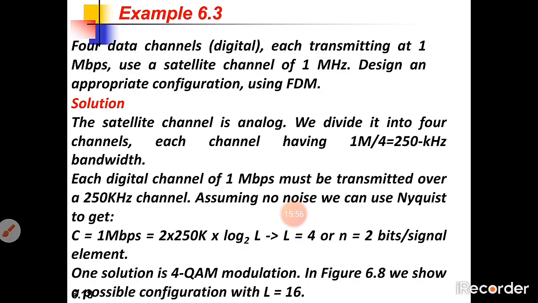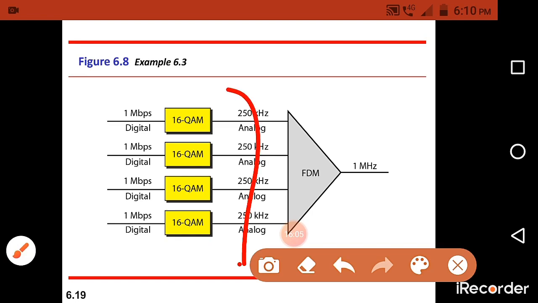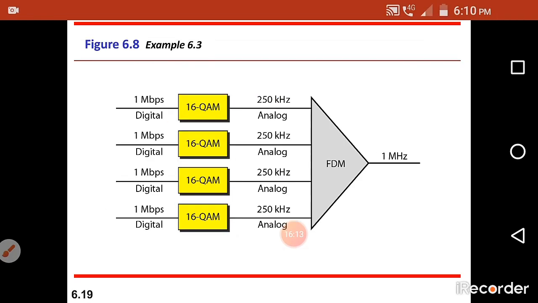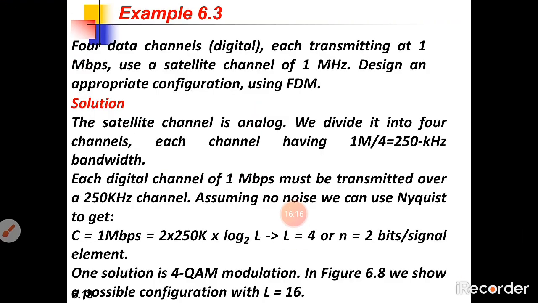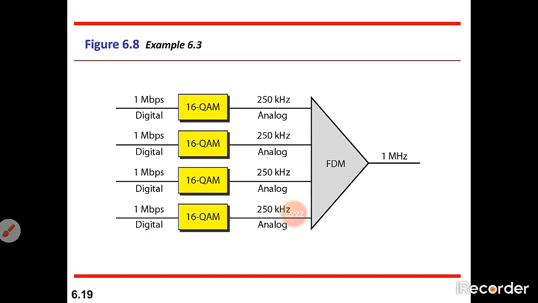That 1 megahertz is designed appropriately using FDM. Here we need to determine what the bandwidth is after the modulation. How can we determine those values? They gave 1 megahertz and 1 mbps as the capacity of each link.